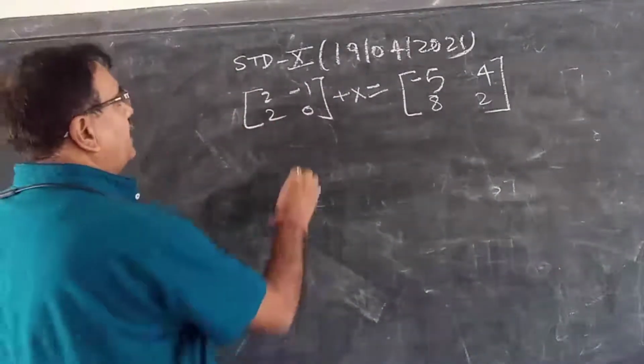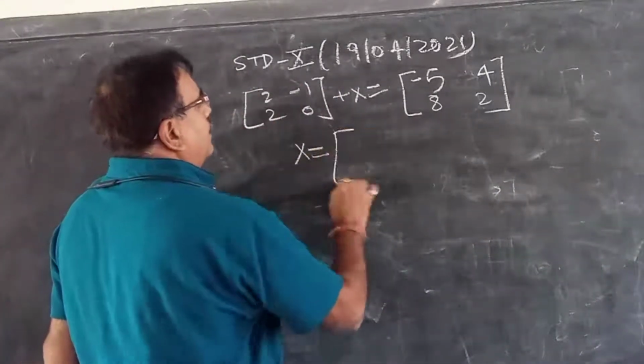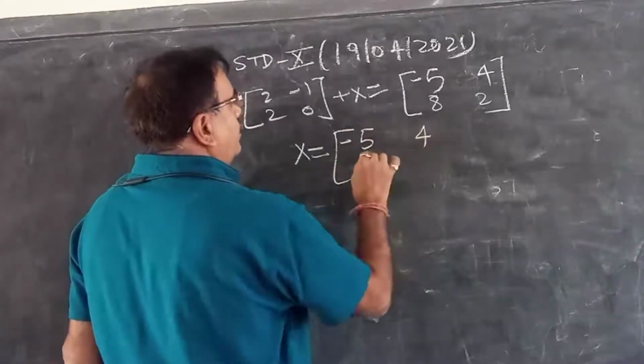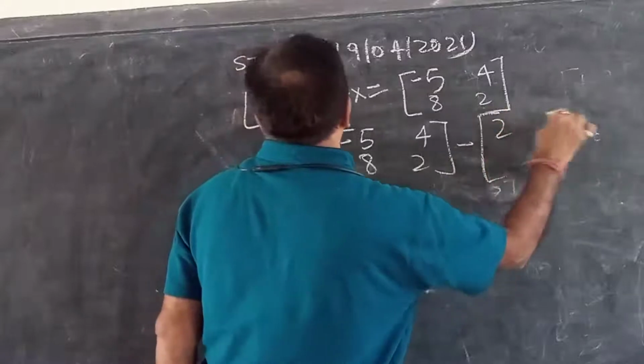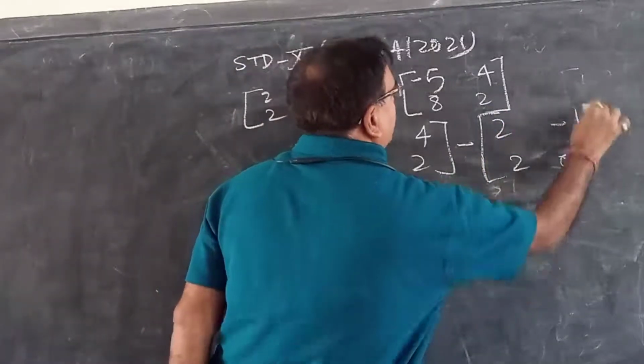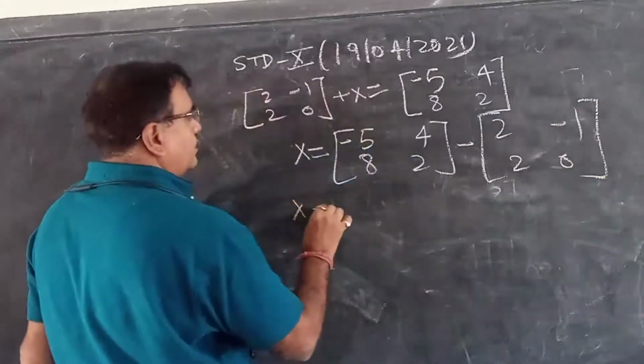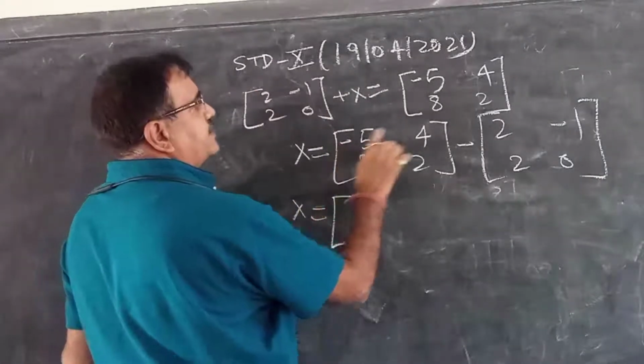Now we have to find X. X is equal to minus 5, 4, 8, 2 minus 2, minus 1, 2, 0. So corresponding elements will be subtracted.